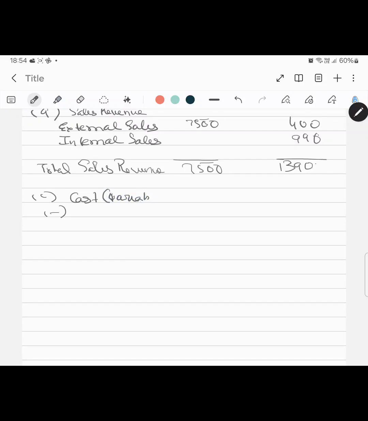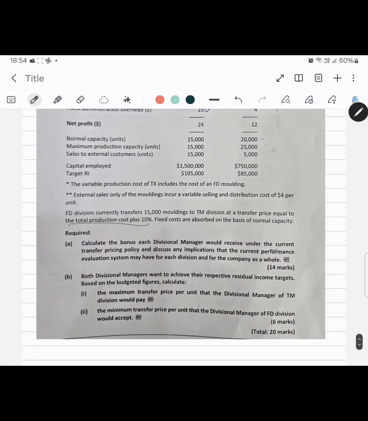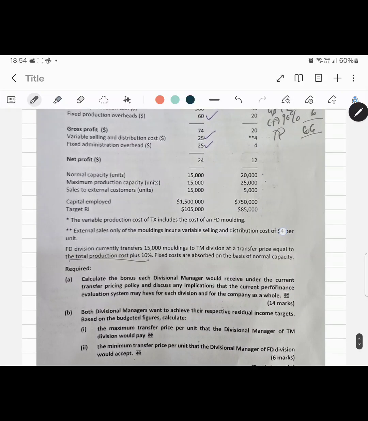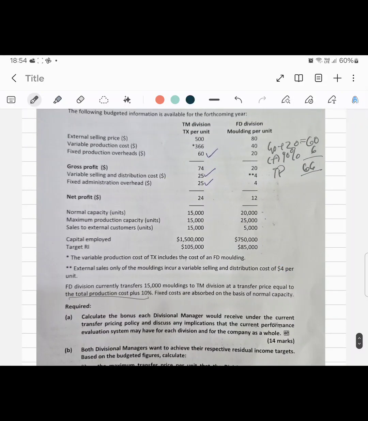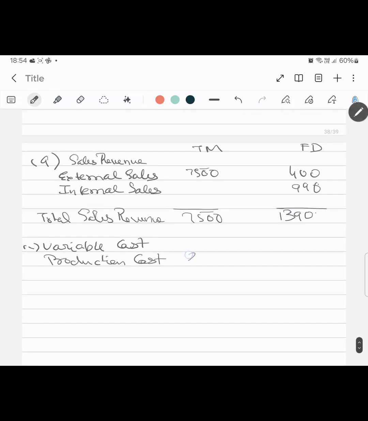Let me write it clearly. Variable cost, that is the production cost. Production cost is what? 366 into 15,000, that is 5,490.